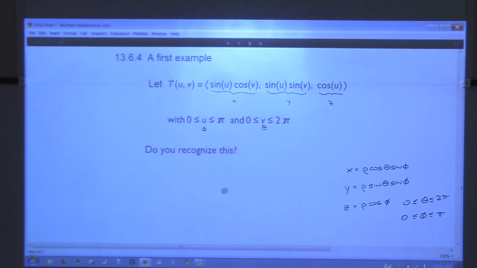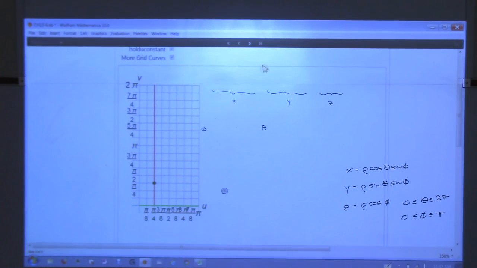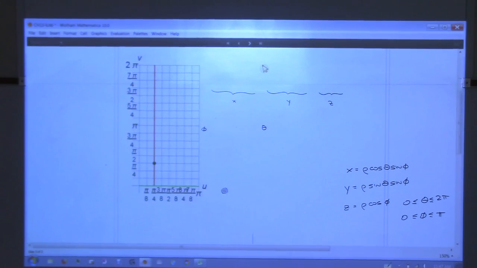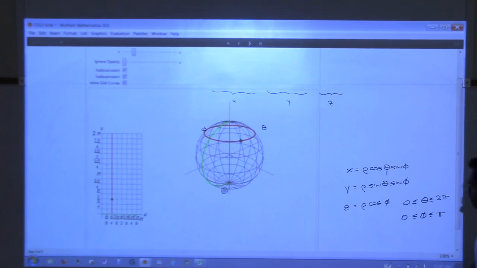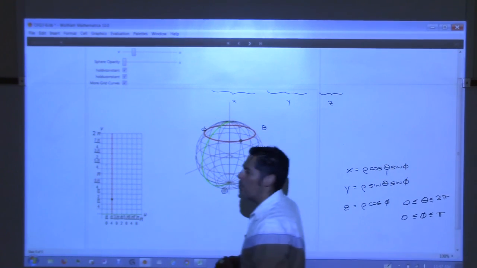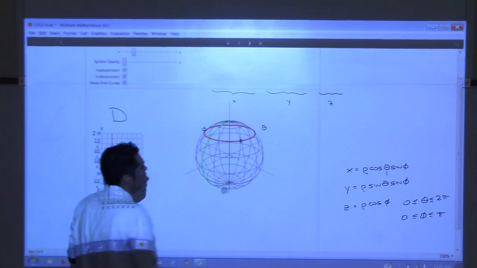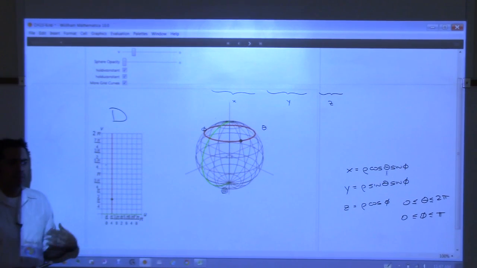And I have an animation that shows you this. There we go. Okay, so here what I want you to imagine is that you have a domain D. And our domain here is the U and the V, right?